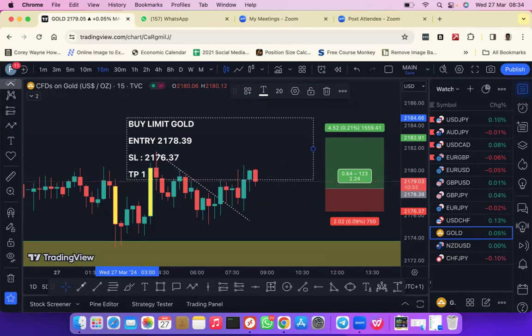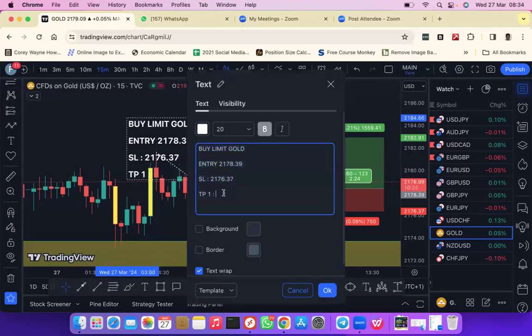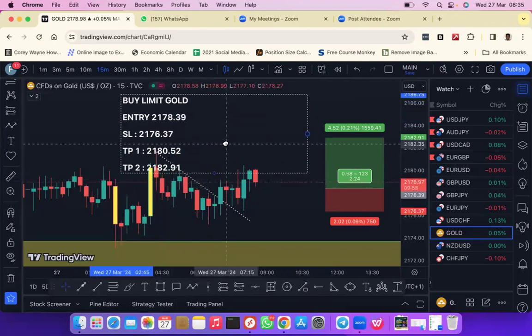Your TP1 is going to be 2180.52. And then your TP2, you can use 2182.91. Okay, so this is gold, guys.